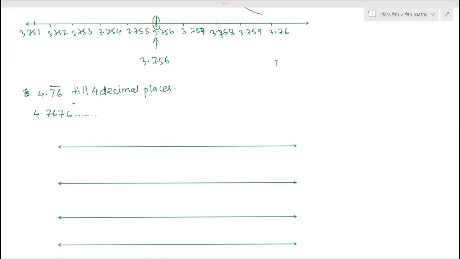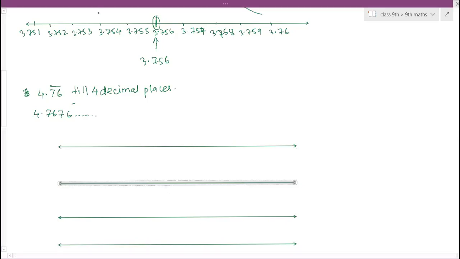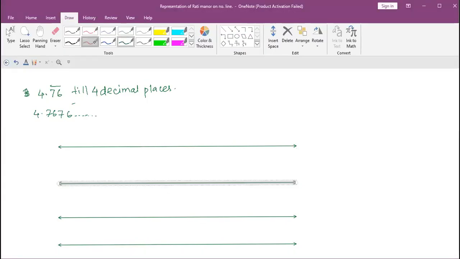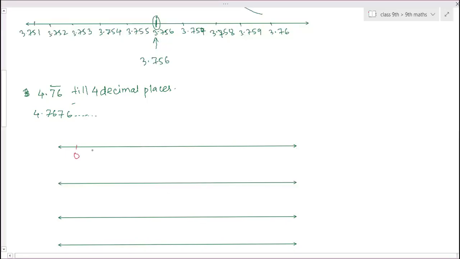First we have to show the first representation. That is 0, 1, 2, 3, 4, 5, 6, 7. The number lies after 4 but before 5. So this part, 4 to 5, we have to magnify.